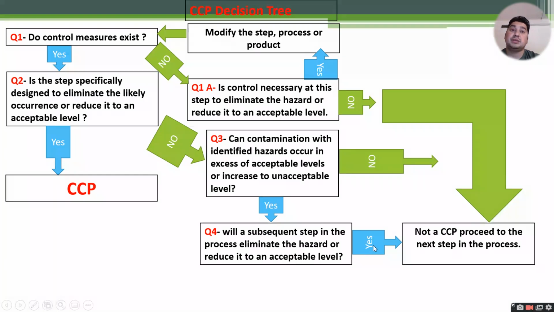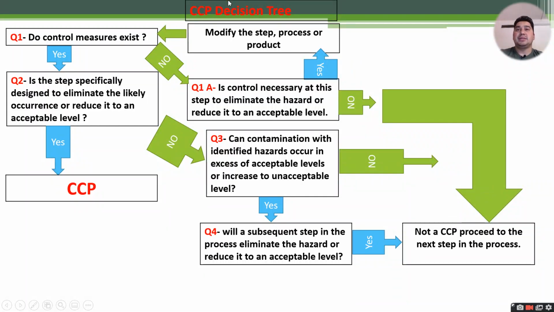If it is saying yes, then it is not a CCP because you have further steps. In question 3, if it is saying no, then you go directly here, and it is not a CCP.